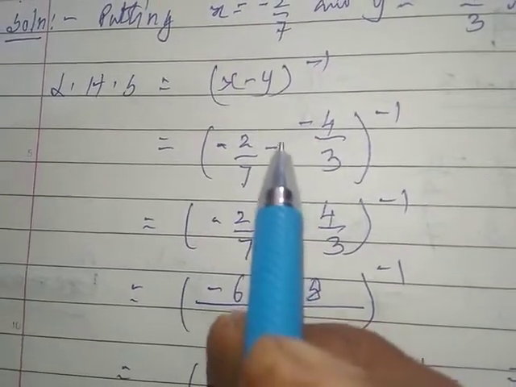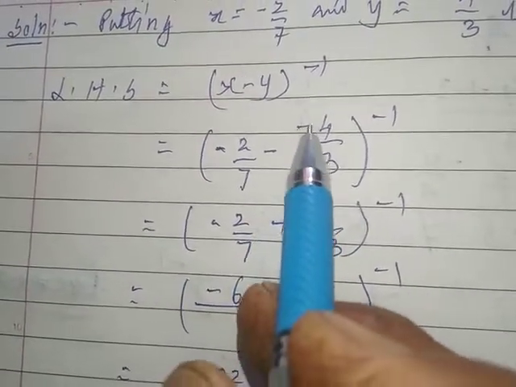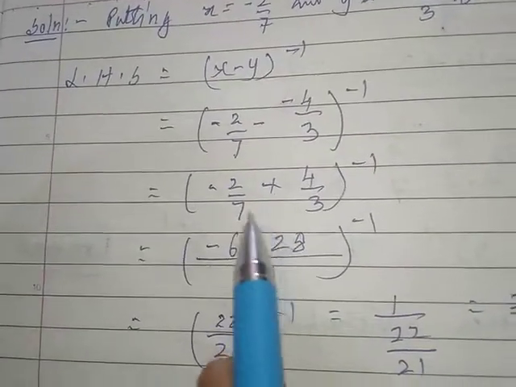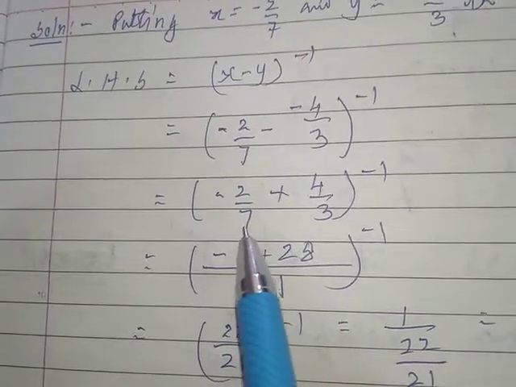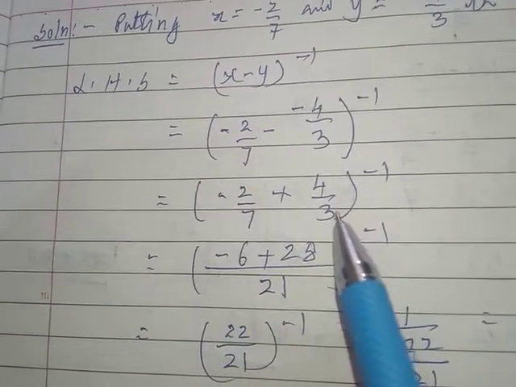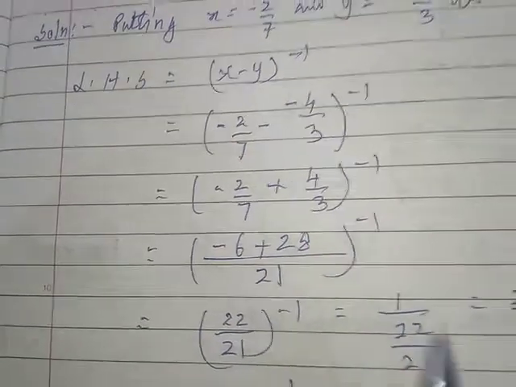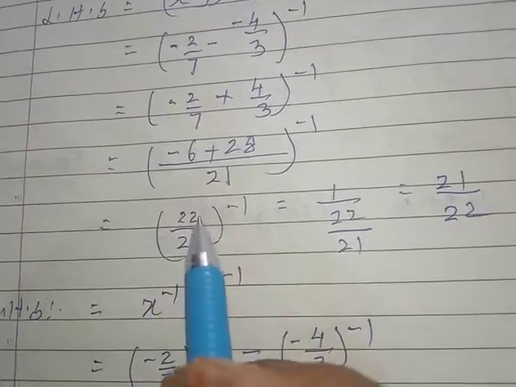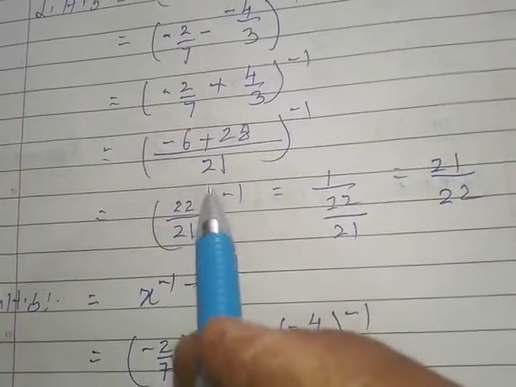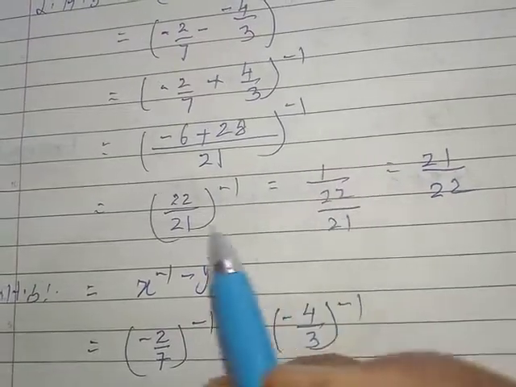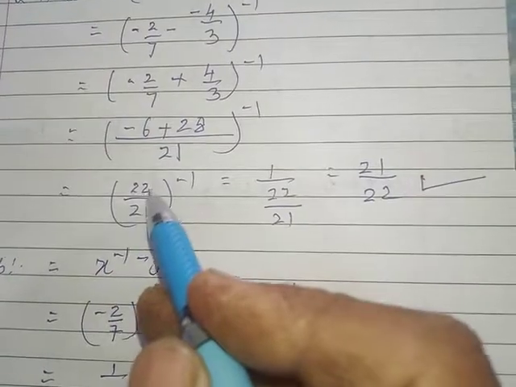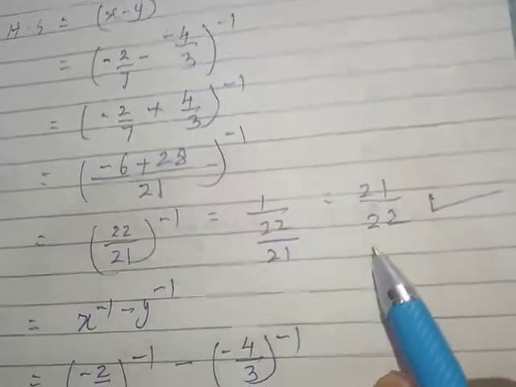Minus and minus will become plus, so it is plus 4 by 3. Now I have taken the LCM of 7 and 3, which is 21. 3 times minus 2 is minus 6, and 7 times 4 is 28. So what do we have? 28 minus 6, that is 22 by 21, to the power minus 1, and it is equal to 21 by 22. Any confusion? 1 upon 22 by 21 will become 21 by 22.